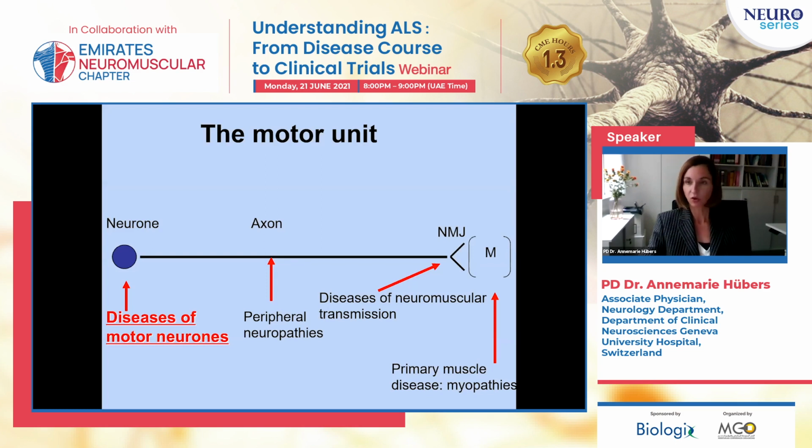And then, of course, you have all the lesions related to muscle diseases, like, for example, myopathies, or lesions of the neuromuscular junctions, which might be, in general, myasthenia gravis or Lambert-Eaton syndrome.